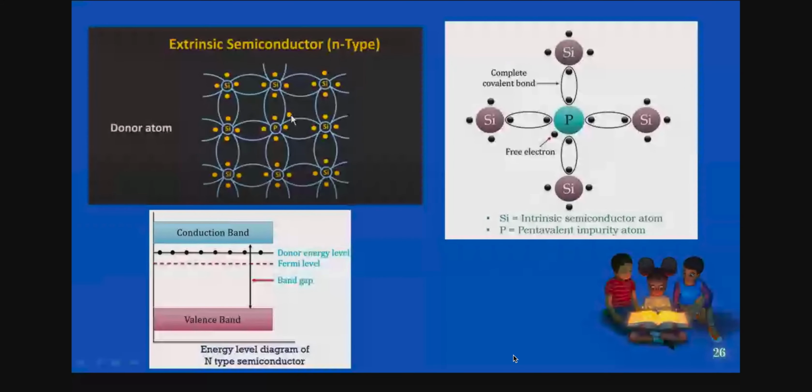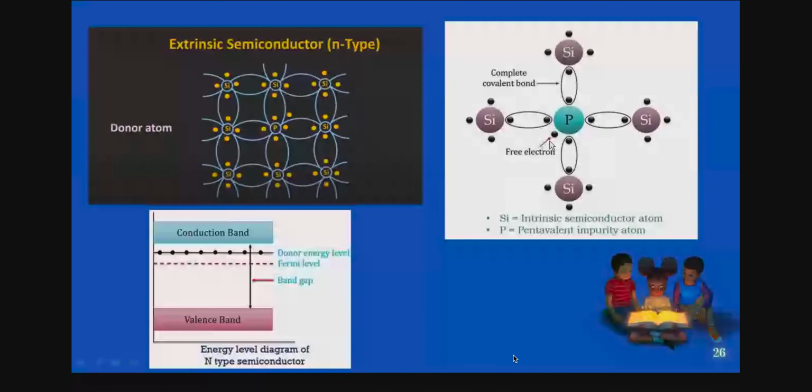One electron is left because all 4 are bonded. The majority carriers in n-type semiconductors are electrons, and the minority charge carriers are holes. Coming to the picture, all 4 electrons are paired with the neighboring silicon atoms to form covalent bonds, but there is one free electron.